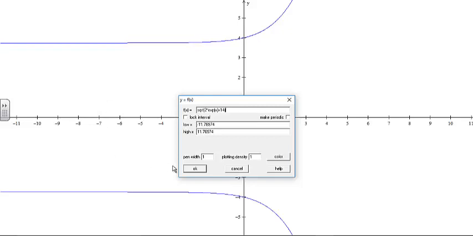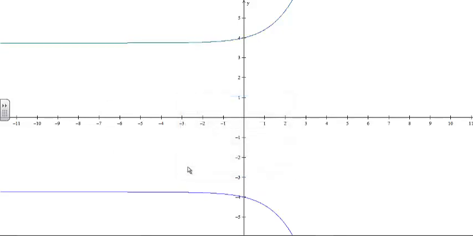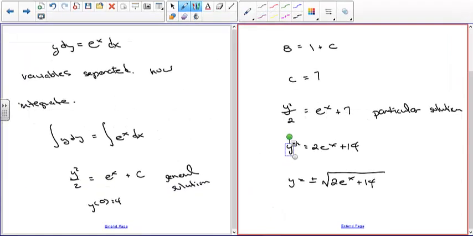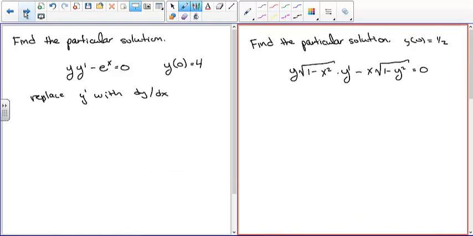Okay, let's see what that looks like. You don't see it because it drew over top of one of the existing curves. The top curve would be plus the square root, and the bottom curve would be negative the square root. Okay, so that's another example of separation of variables.